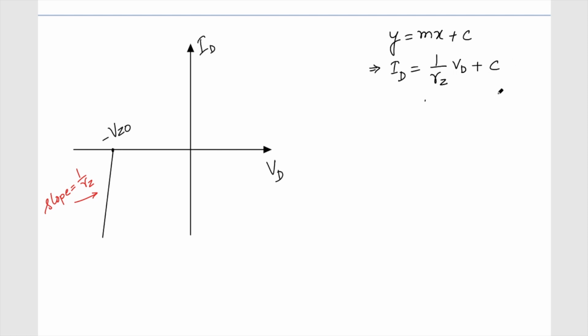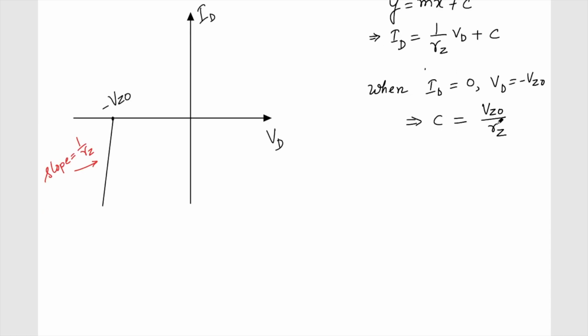So c means basically when my ID is 0, my VD will be equal to minus VZ0. So if I substitute this here, I will get c as VZ0 by RZ.